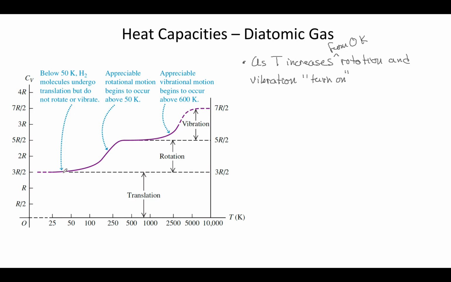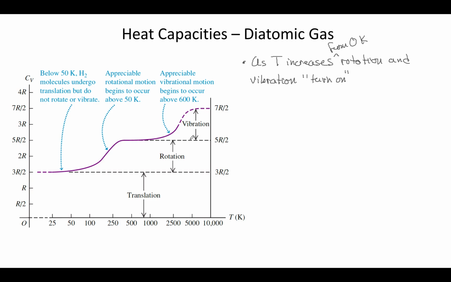And basically, because they can't rotate nor vibrate, you need a higher temperature, more excitation for those modes to get excited. As you increase the temperature, eventually you get up to where the rotation is allowed. So you have 2 more degrees of freedom, 2R over 2 more than 3. So you get 5/2 R.